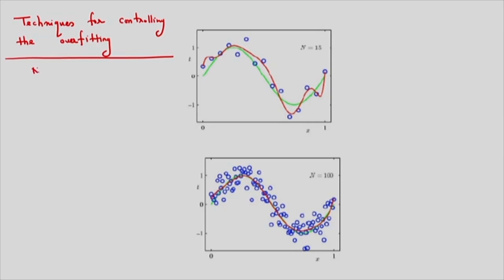Suppose I consider n is equal to 15, or maybe n is equal to 100, that means we consider more data points. That means for a given model complexity, the overfitting problem is less severe as the size of the data set increases. So if I increase the size of the data set, then we can afford a complex model. That means the larger the data set, the more complex a model we can afford to fit to the data.